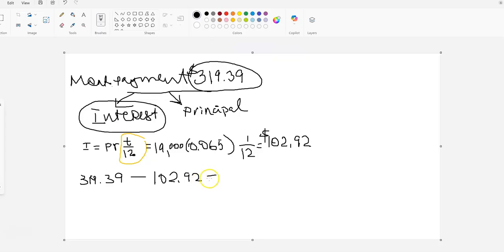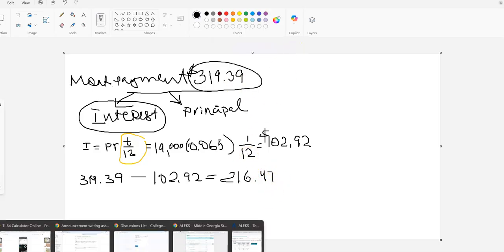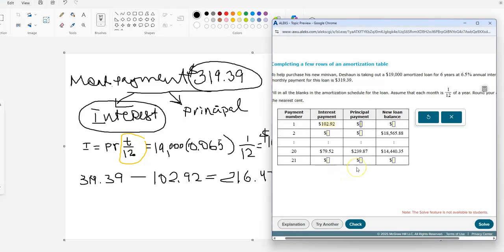So if you subtract these two numbers, you get $216.47. That's how much money you pay for the actual principal.